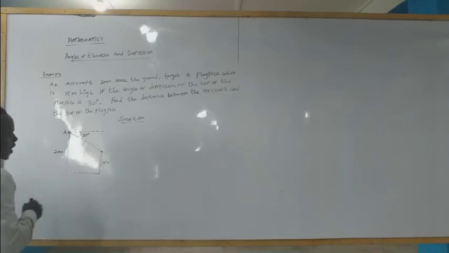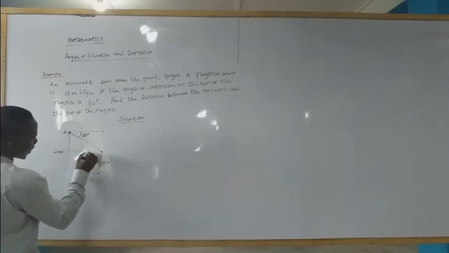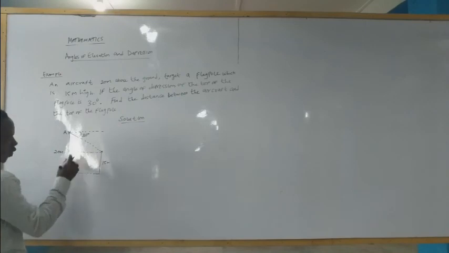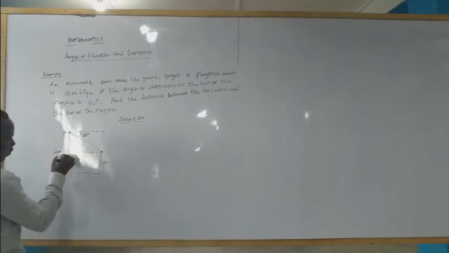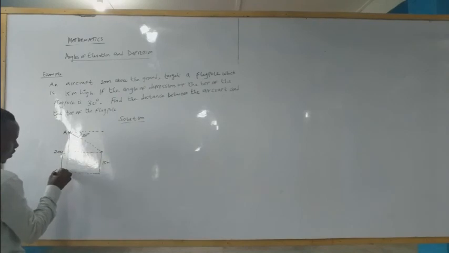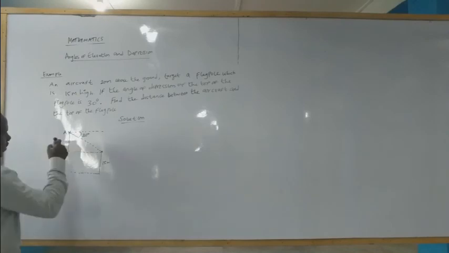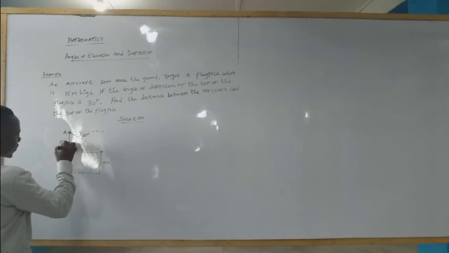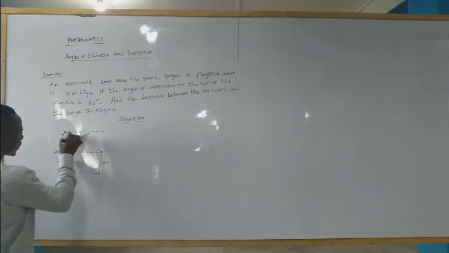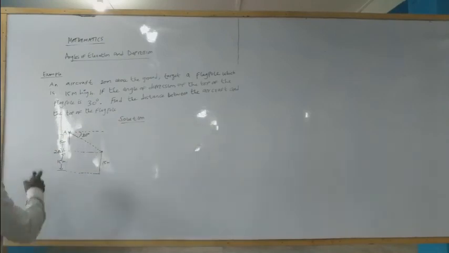So how do you get the distance? By so doing, this also forms a rectangle. Because here also becomes 15 meters, while the remaining part here becomes 5 meters.